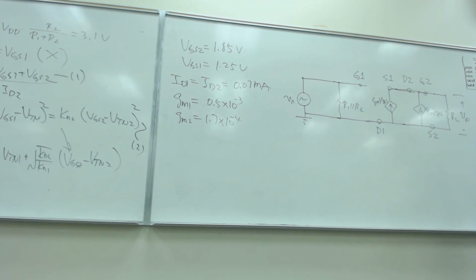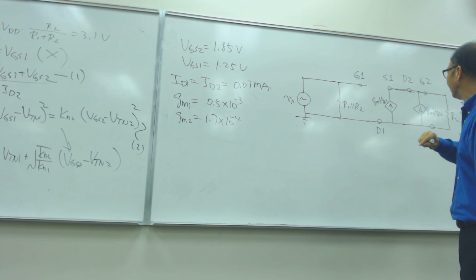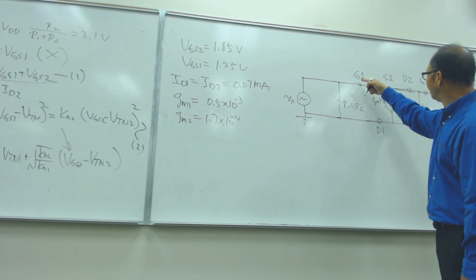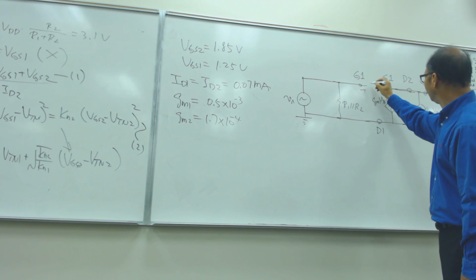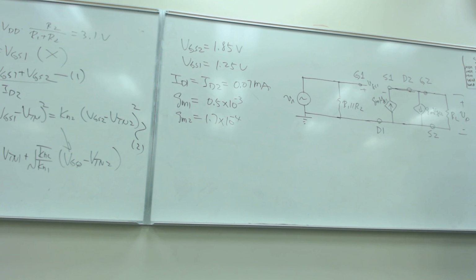Yes? That's it. Of course, you have to specify VGS1 and VGS2. So where's VGS1? Well, you go from here. This is G1S1, right? So here is VGS1. Put on VGS2, G2S2. So this is VGS2. Why is it so difficult?